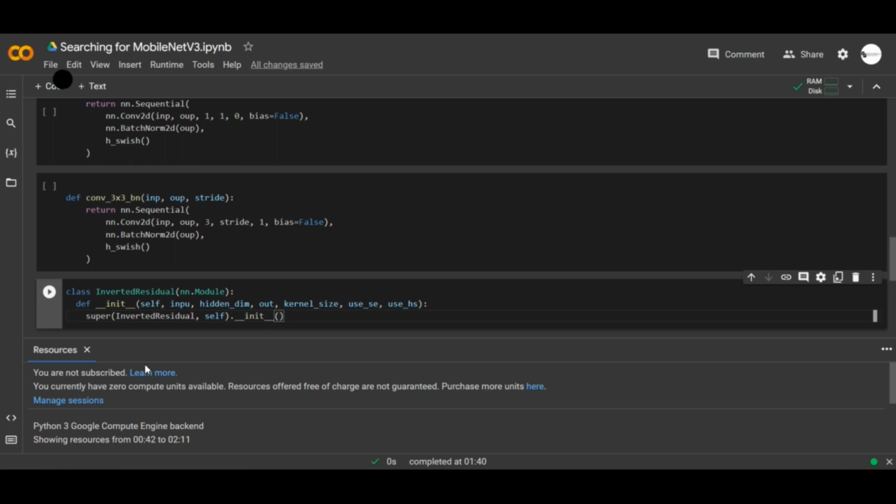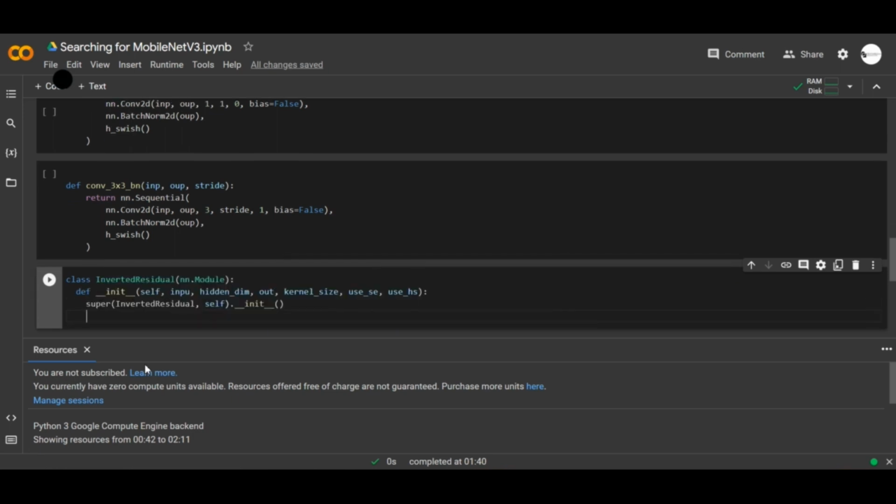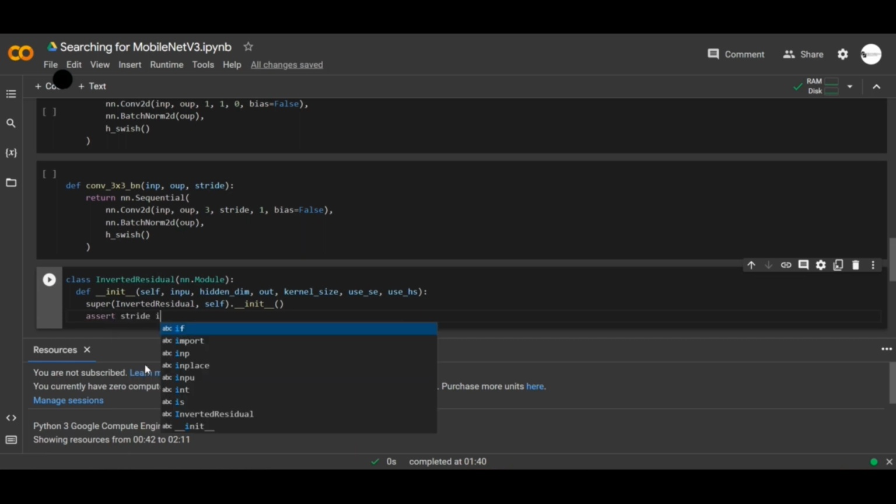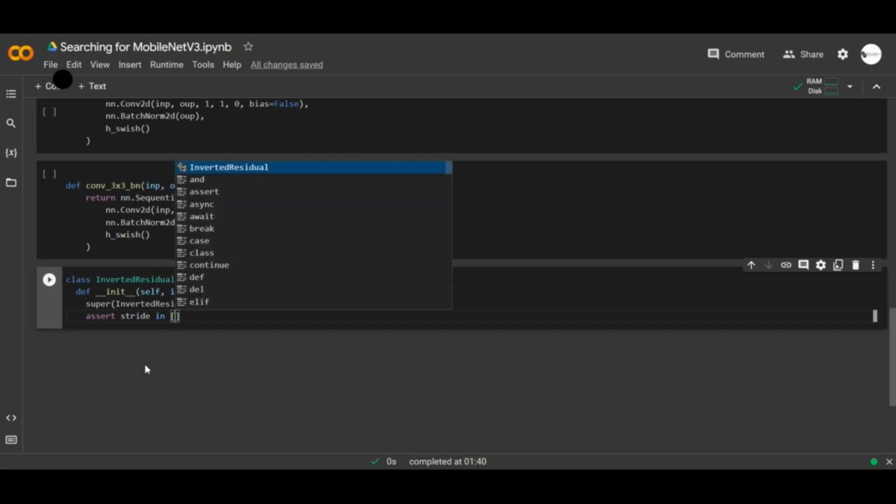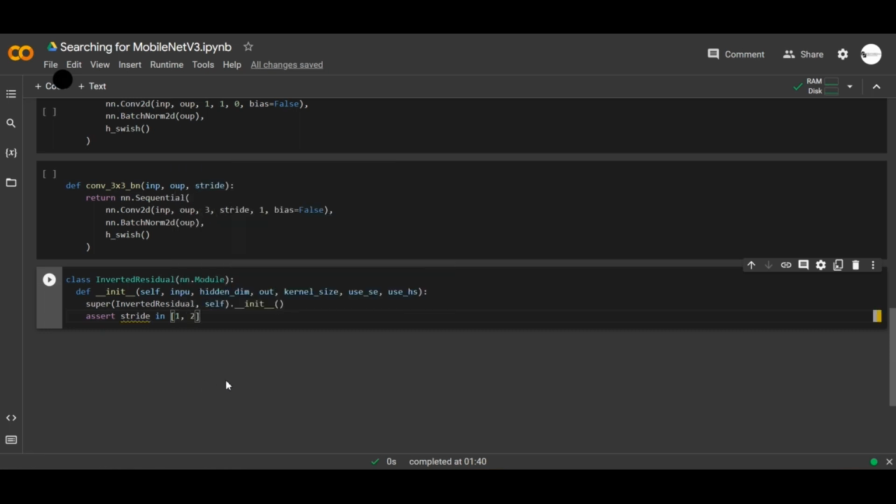So we're gonna make sure that our stride is either 1 or 2. Then we're just gonna continue. Did we miss stride? Looks like it's complaining here. We didn't write stride in the input. Yes, so we have to write stride here.